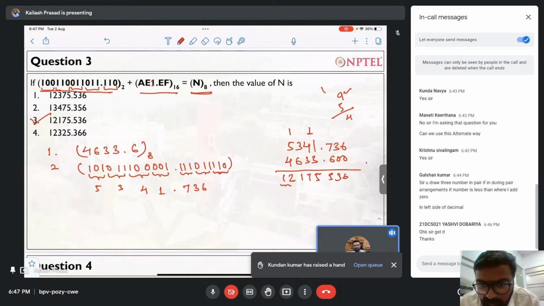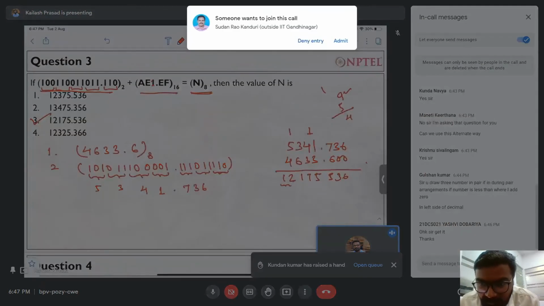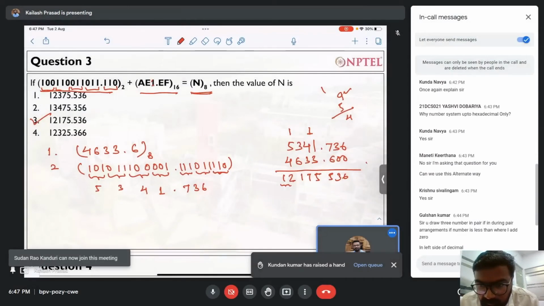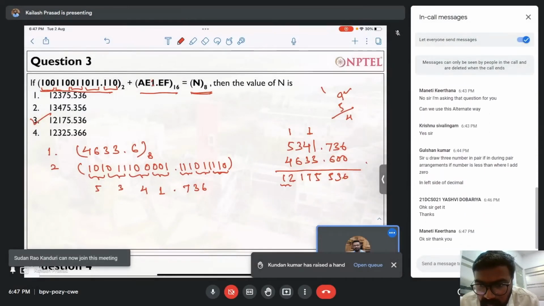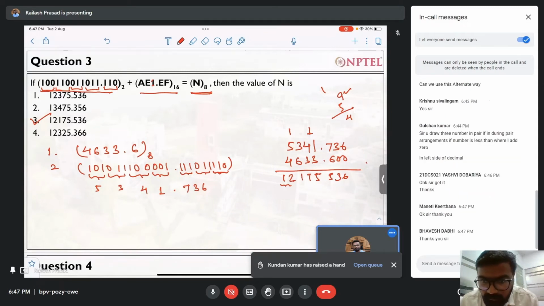Gulshan: Sir, you draw three numbers in a pair. If the number is less than that, I add zero. Yeah, I am still not getting your question, Gulshan.